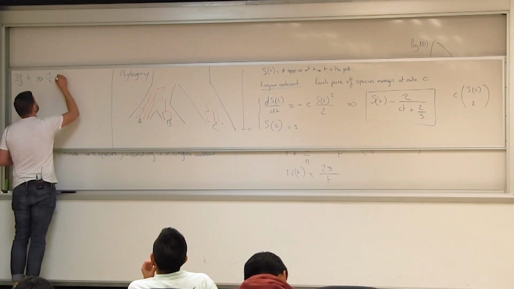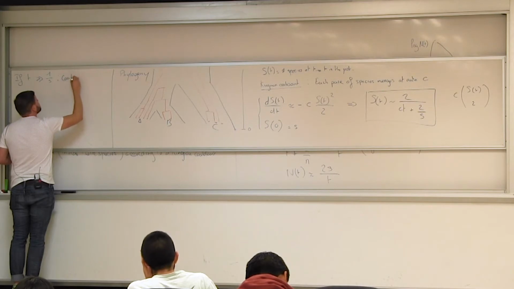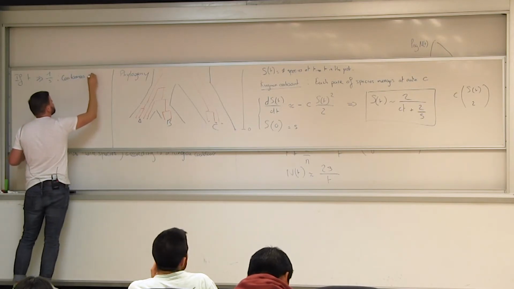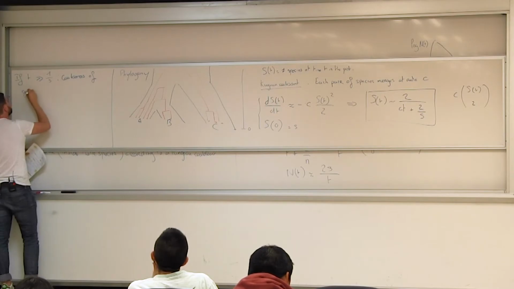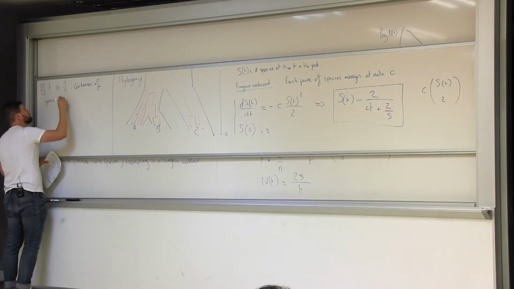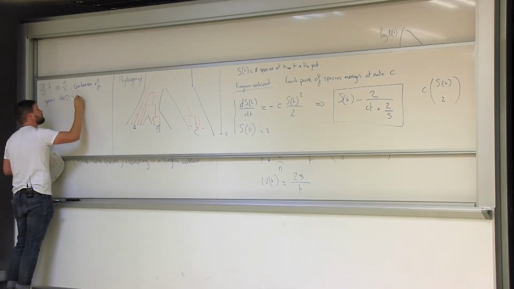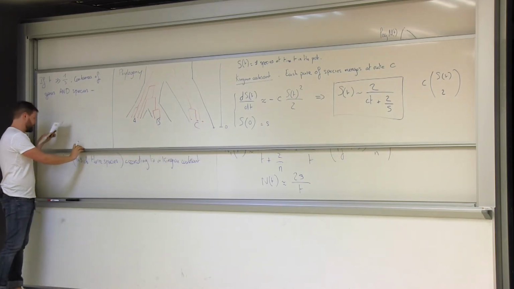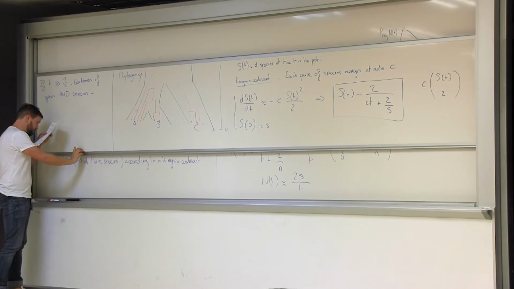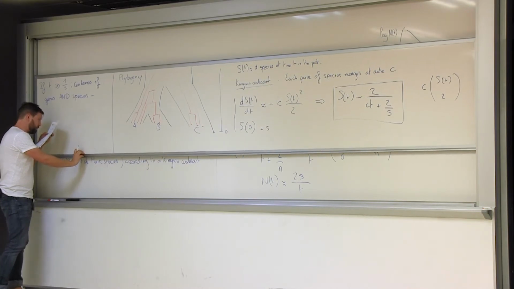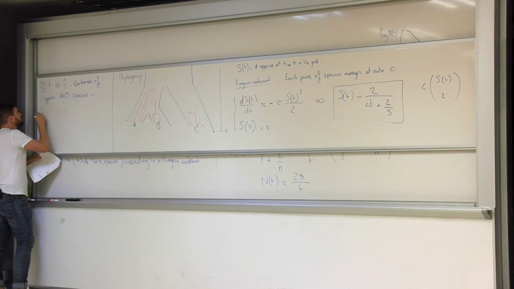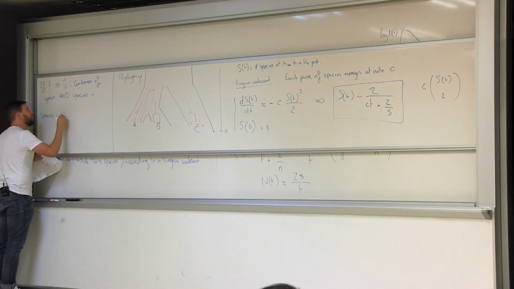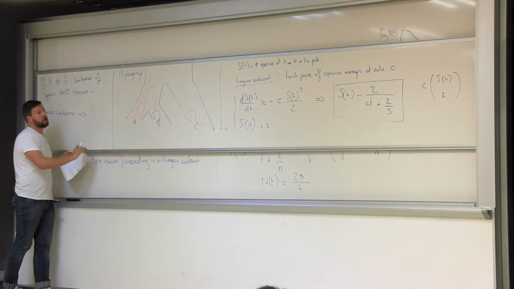So you have coalescences of genes and species. And now the mess starts. Why? Because if you have a species coalescence, what does it imply?